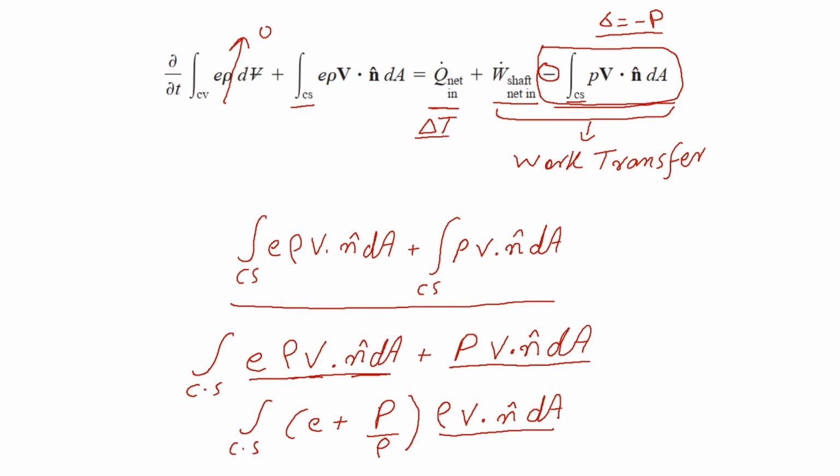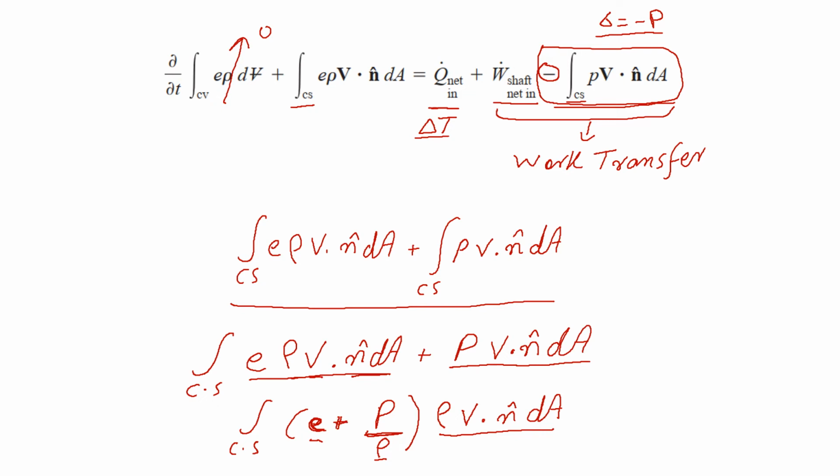By taking the density common from the pressure term, what we have done is that we have divided the pressure by density. So this is how we got these two terms, that is the specific energy, our intensive property, plus pressure over density.